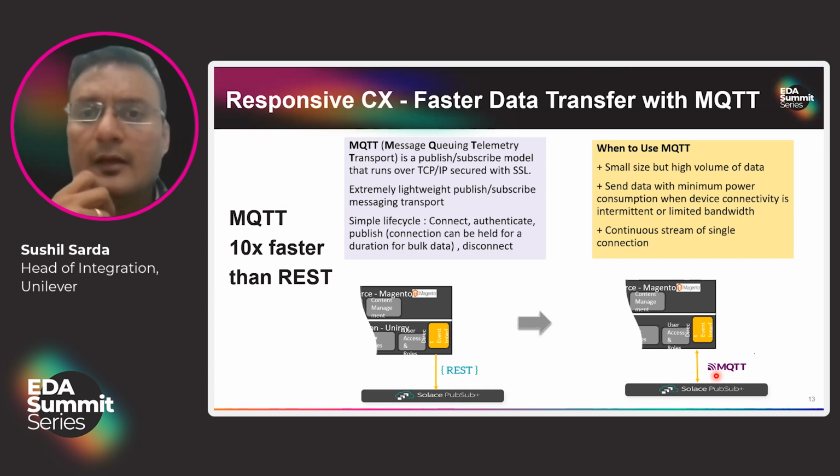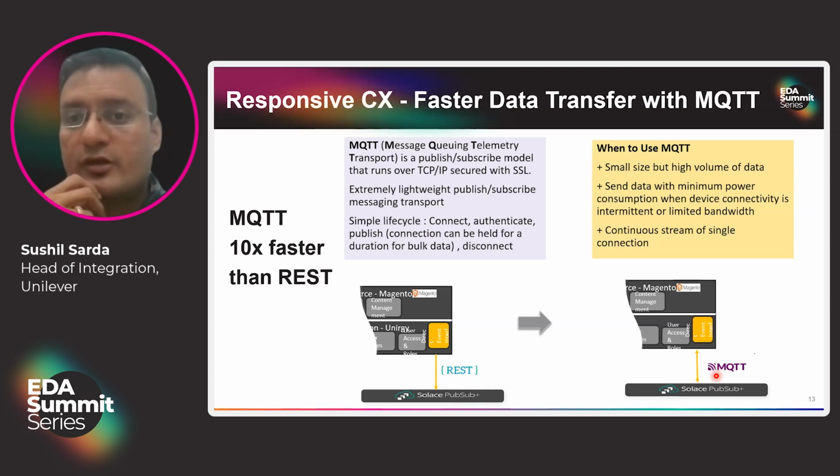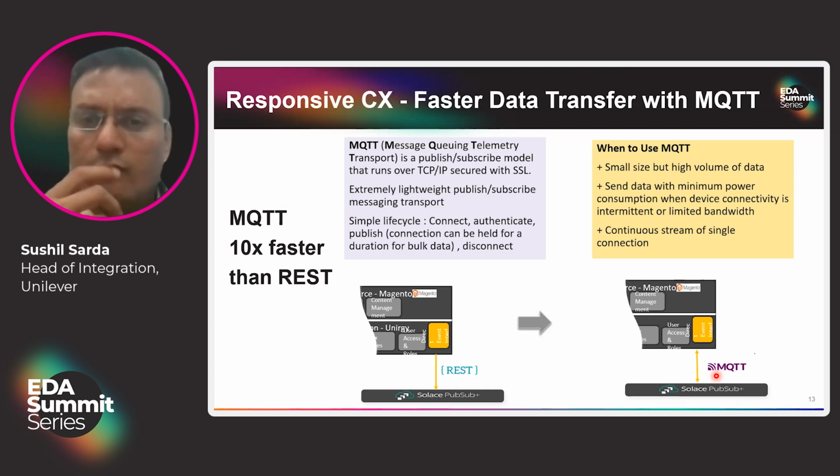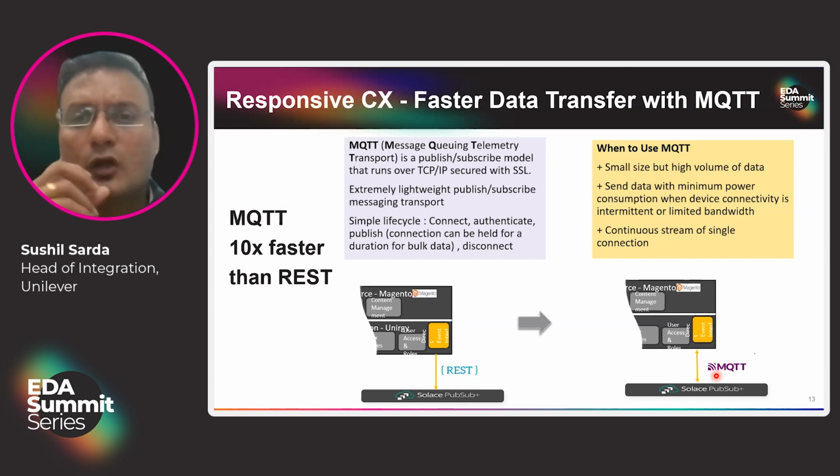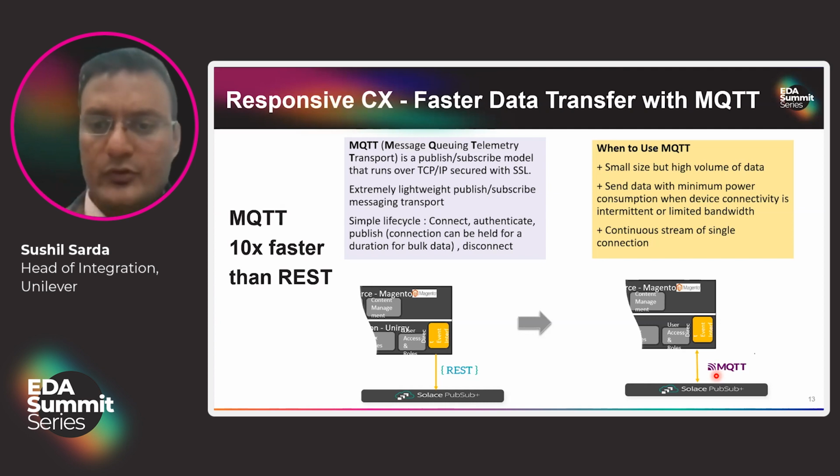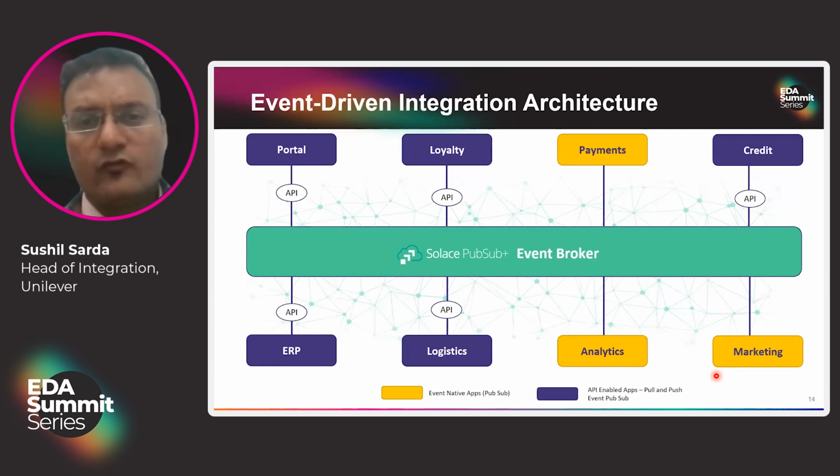IoT devices use it, but there are applications which support MQTT, and I would encourage you to try MQTT where it is possible. Go for it, especially in cases where you have small size messages but high volume of data.